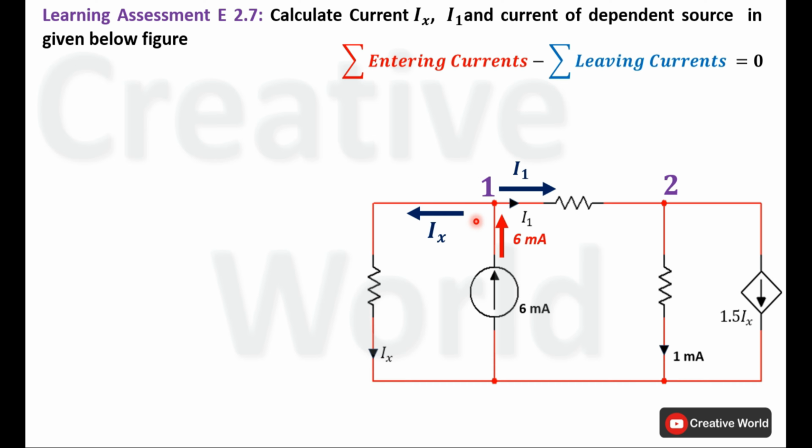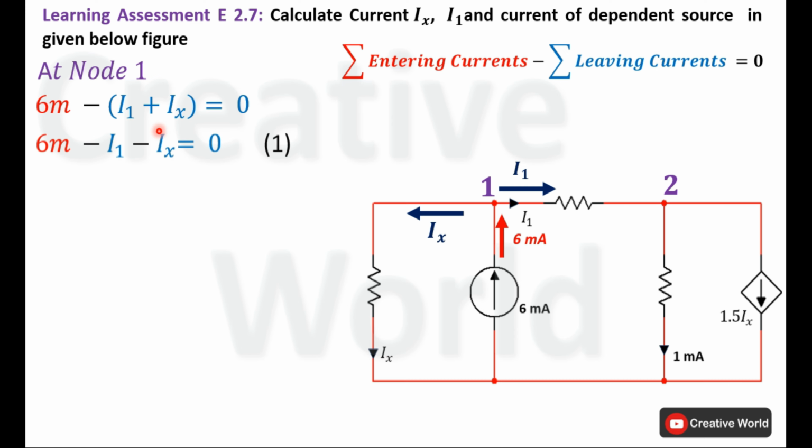We have identified all incoming and outgoing currents at node 1, so we can place these current values into the equation of Kirchhoff's current law. 6 milliampere is the entering current while I1 and Ix are leaving currents. Open the brackets and solve the equation. In this equation, two variables are present. We cannot further solve it. Name this equation 1 and move towards the second node.